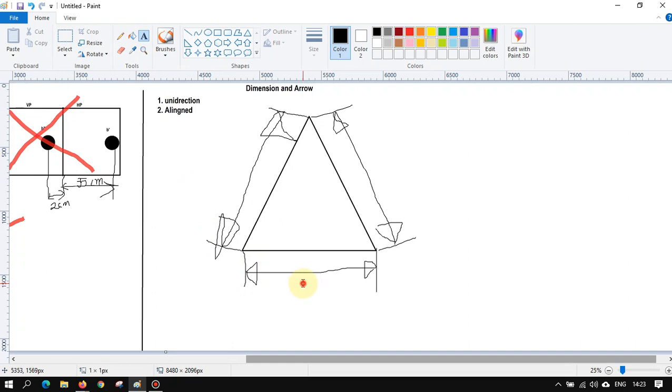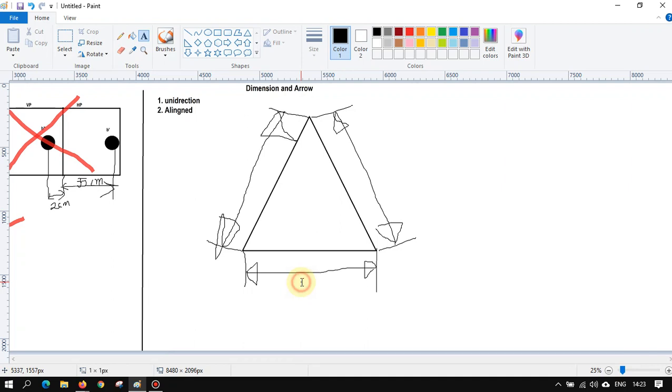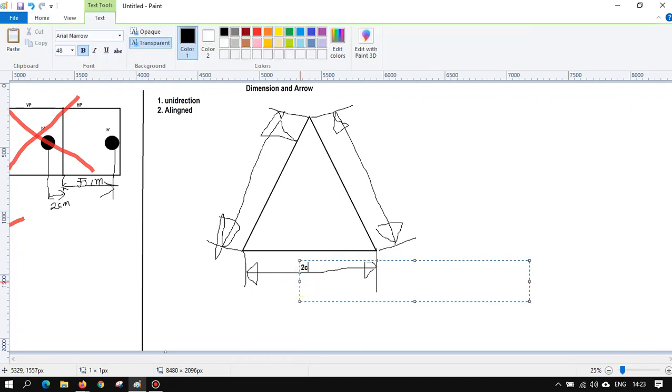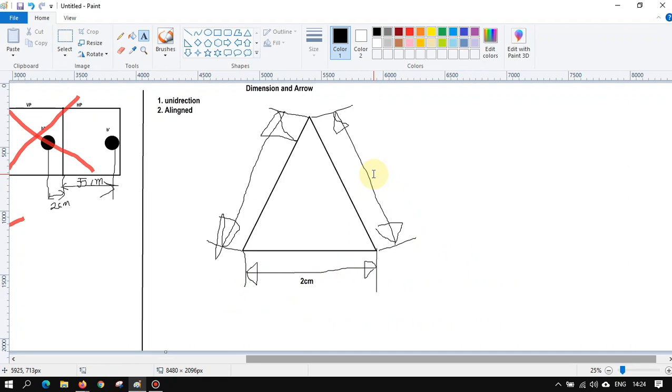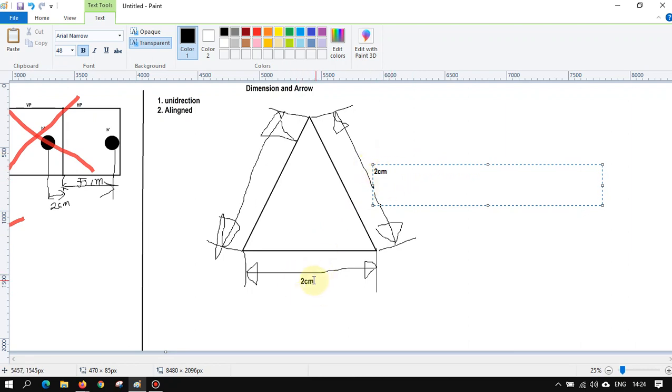The first style: if I write a dimension over here, suppose the dimension is 2 centimeter, I'm writing below the line, in a horizontal manner, so I have to maintain this. Even for this line, I have to write 2 centimeter below the line, horizontally, copying the same horizontal style.